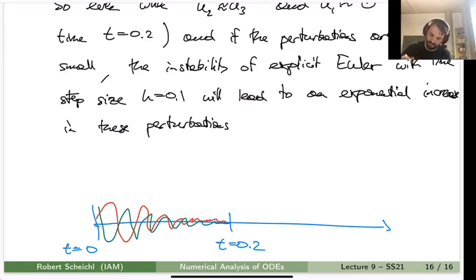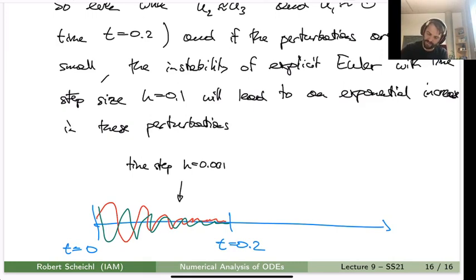Even if we took a very small time step, so even if we do here time step h equals 0.001 or something like that, we will have a little bit of an error here.